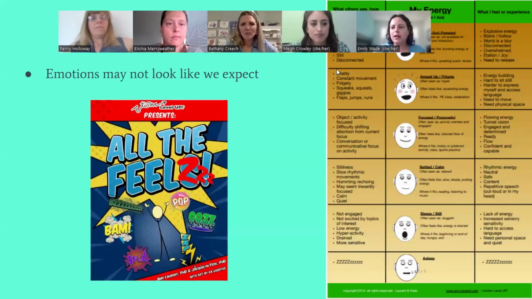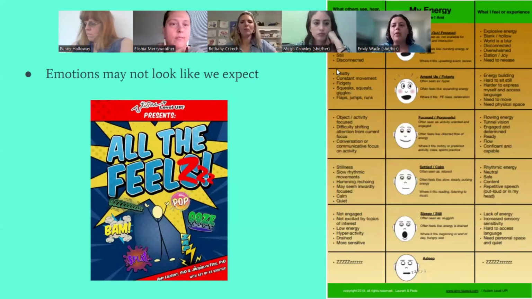Physically and neurologically, those messages from their brain and their body aren't necessarily coming through the way that they're supposed to, and so they may not really have the ability to feel those signals the way that you typically would.